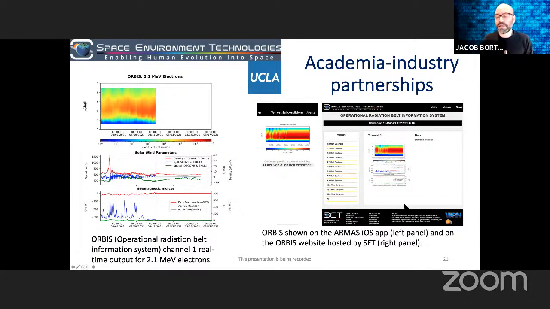Our models, this is an early generation model, have gotten incorporated into their space weather services. And so this is called the Orbis model. Outer Radiation Belt Information Systems, Orbis is what it stands for. And we're now updating to our newest generation models. So this is available to space weather customers already. And we believe that this is the way we should be doing it. Academia should be working with industry, small business in particular, to be taking the fruits of our labor and making them available to the community in this way.